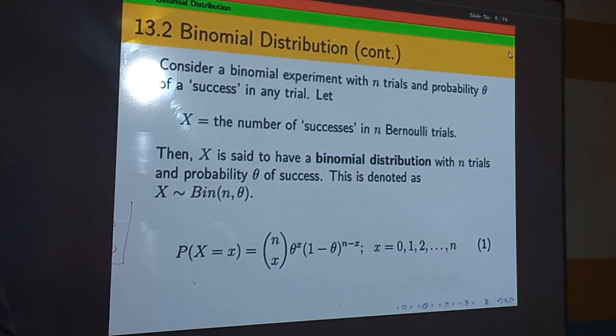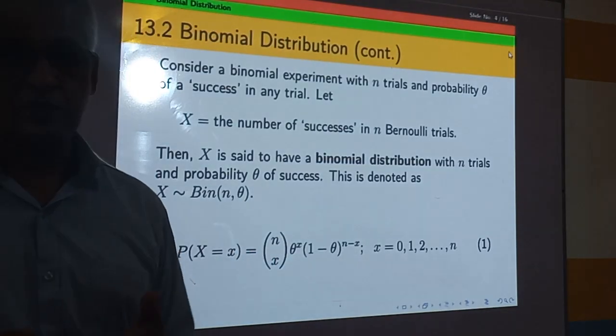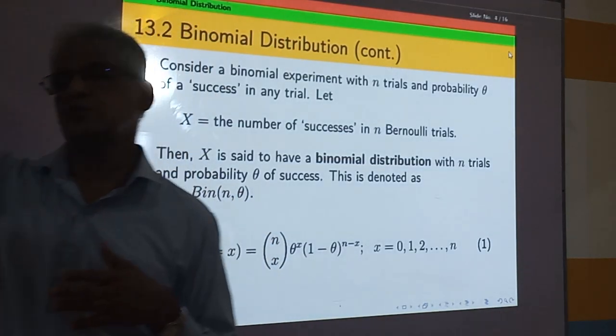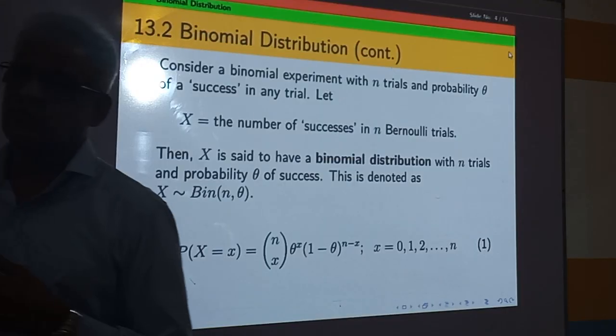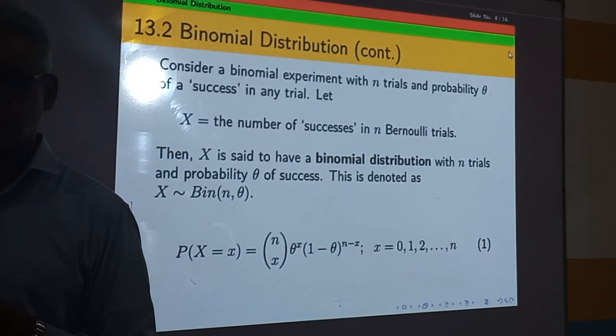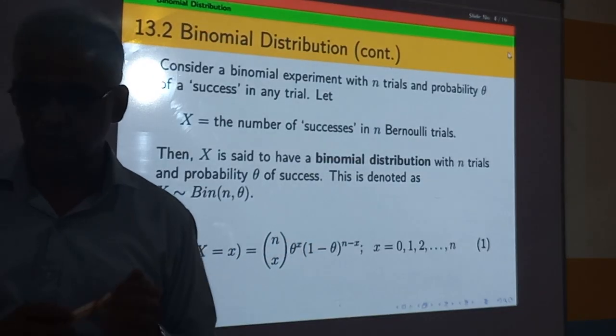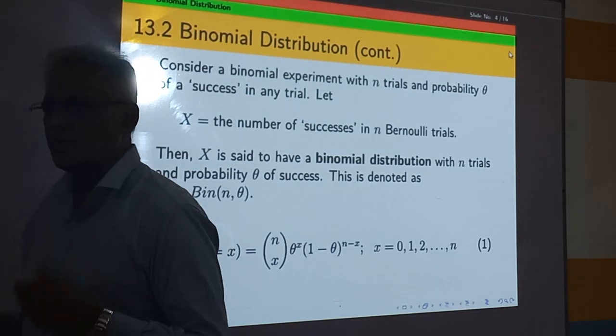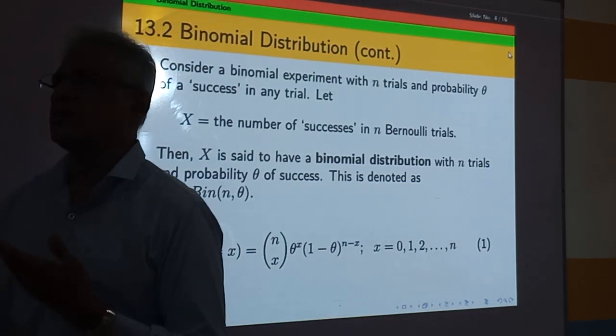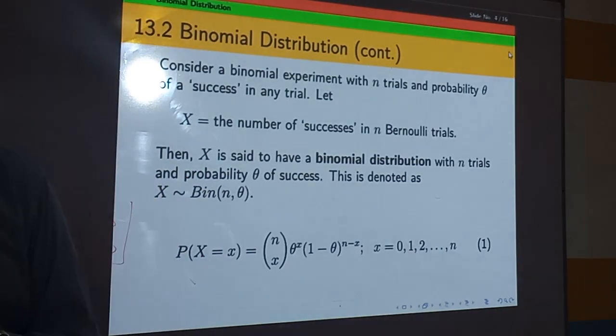Without replacement. Or if you have a very large population, say for example you have 10,000 items in a population and you take 10 items out of that, right? Now in this case, whether you are taking with replacement or without replacement is not that big a problem.